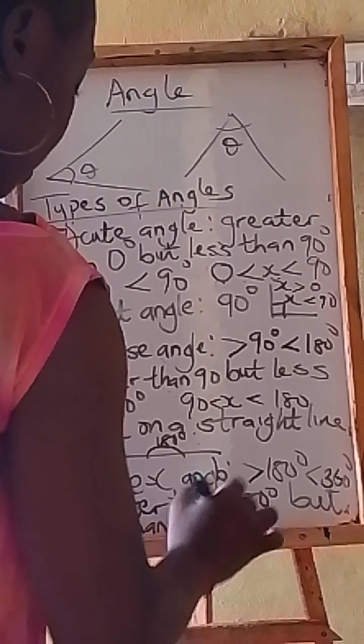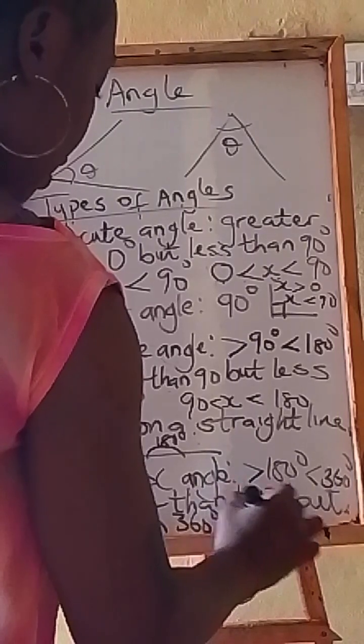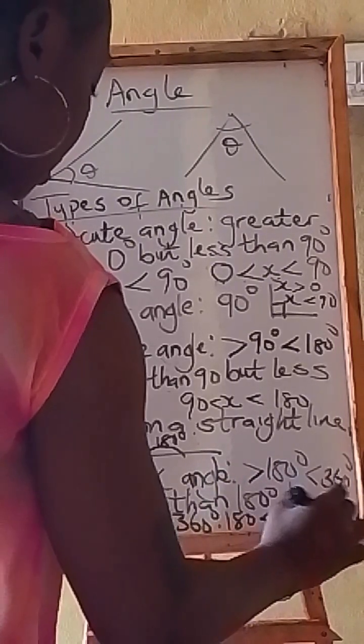So what does that mean? That means 180 is less than s, less than 360.